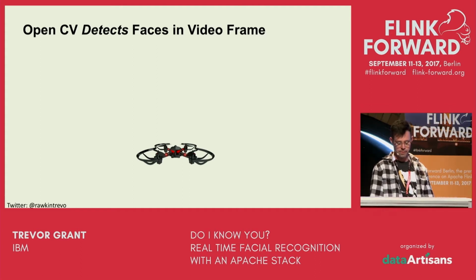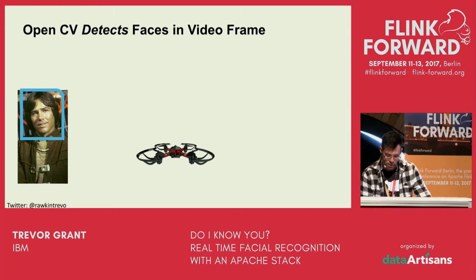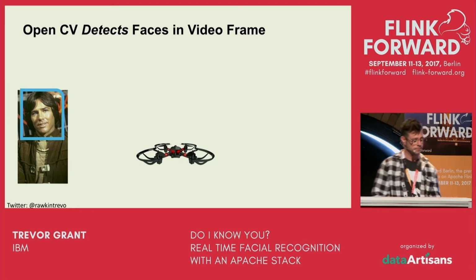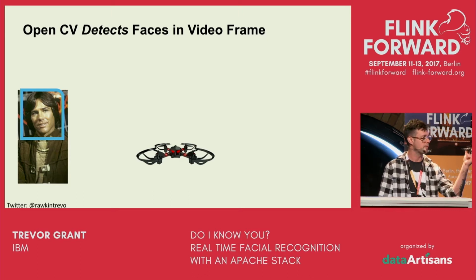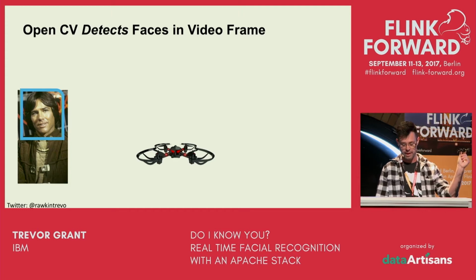how facial recognition works. So we have a Cylon, or a drone, if you will. These drones you can pick up on Amazon for about 80 bucks a pop with a little webcam. You can get as many as you want. The gist is we've got streaming video coming in off of a webcam.